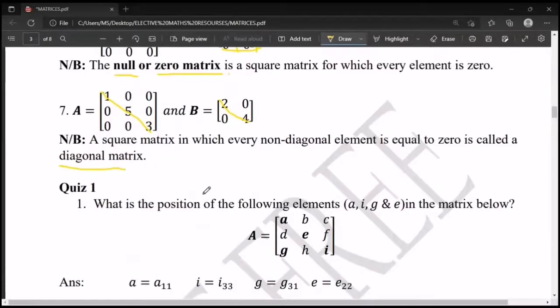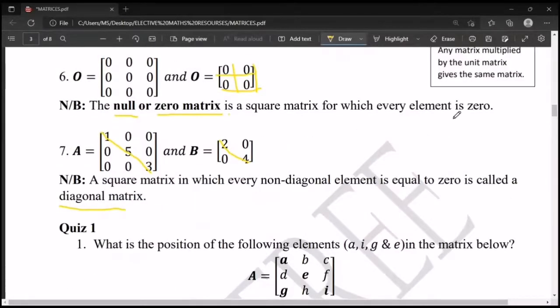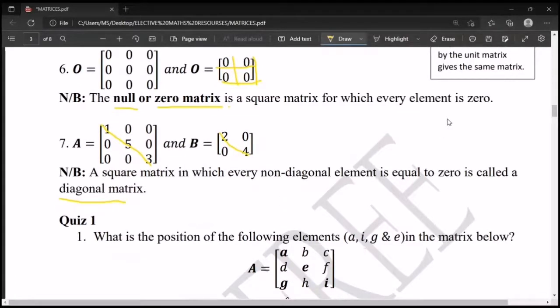Let's take this quiz. You can pause the video to see if you can solve this. Now, what is the position of the following elements? We have A, we have I, we have G, and E in the matrix below.